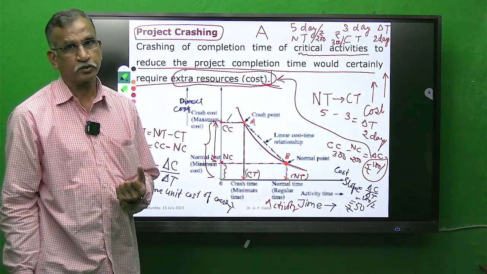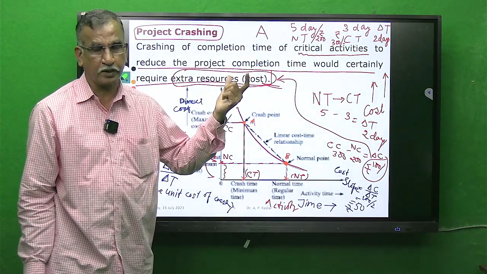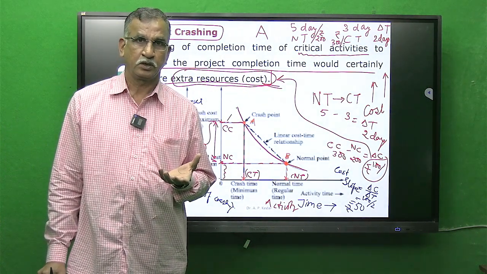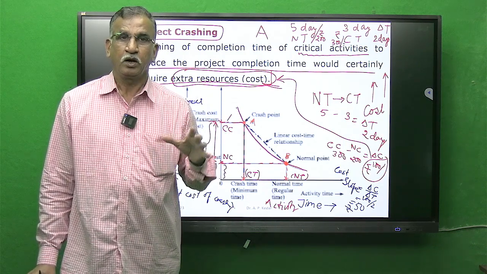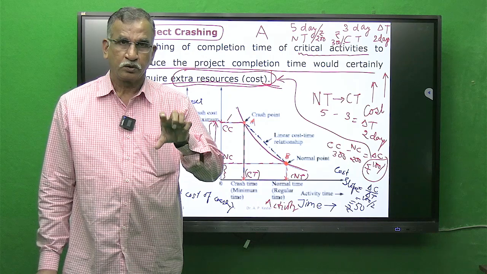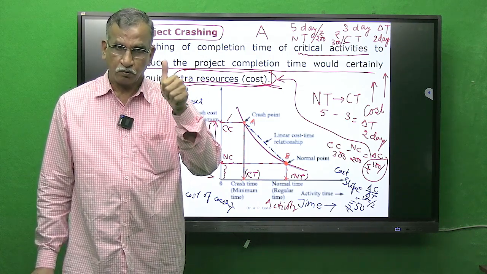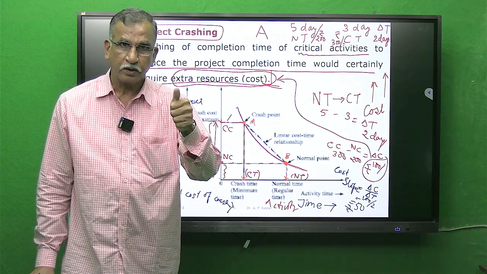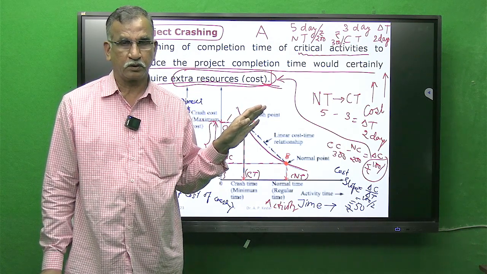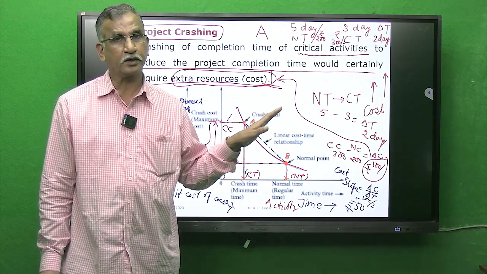What is the interpretation of this slope from operations research? In cost-time trade-off analysis, it is the amount of additional expense on a particular activity if we want to reduce the time of the activity by a unit time. The unit time may be 1 day, 1 week, 1 month, as per the structure of the problem and the units of activity given.